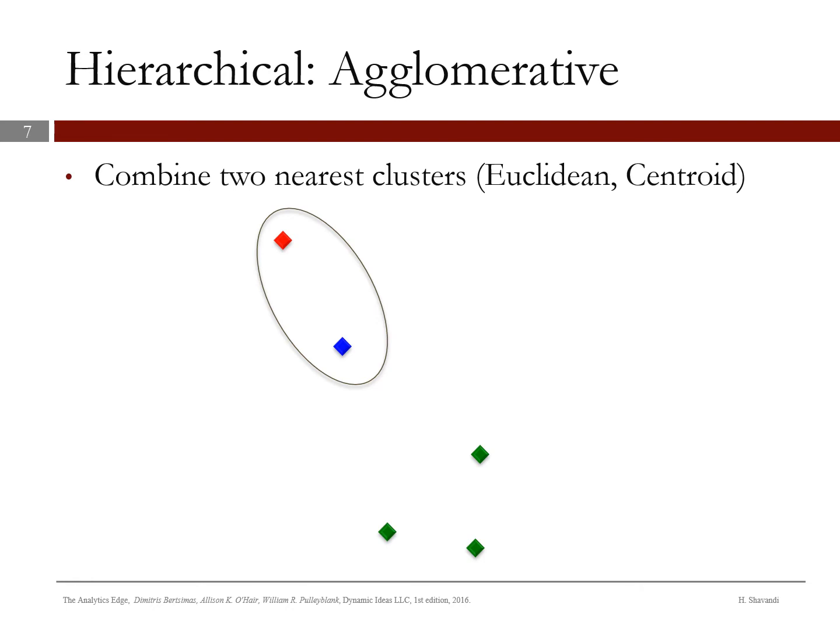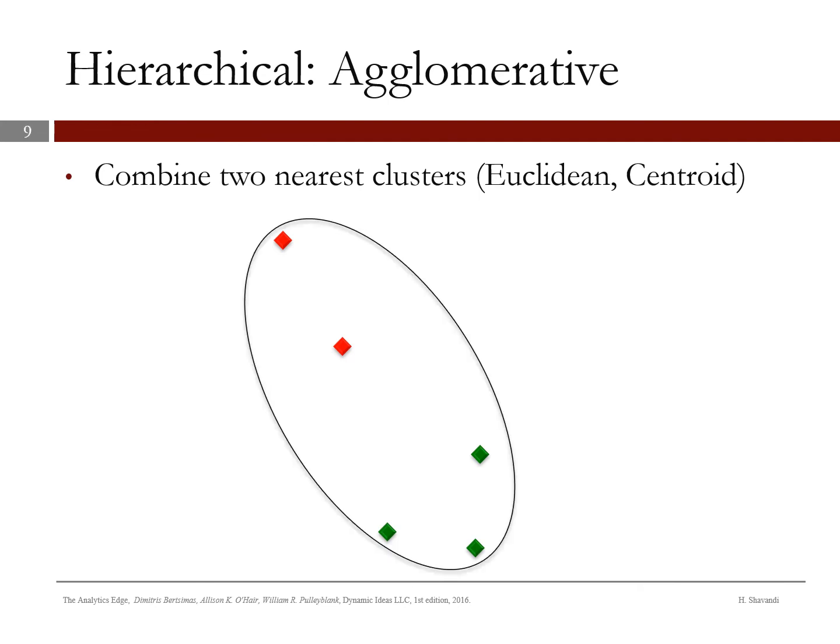Again, these two are closer, so we combine those two. Now we have 2 red and 3 greens. And now at the end, we combine these two clusters, and we have a single cluster, right? So we are done here.